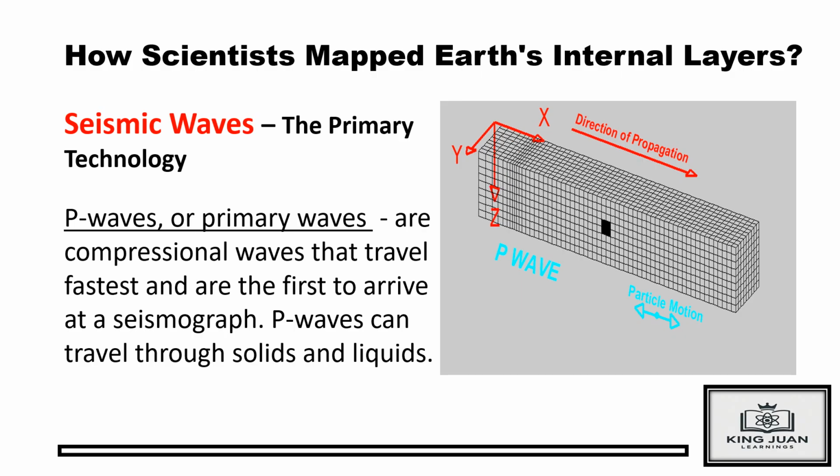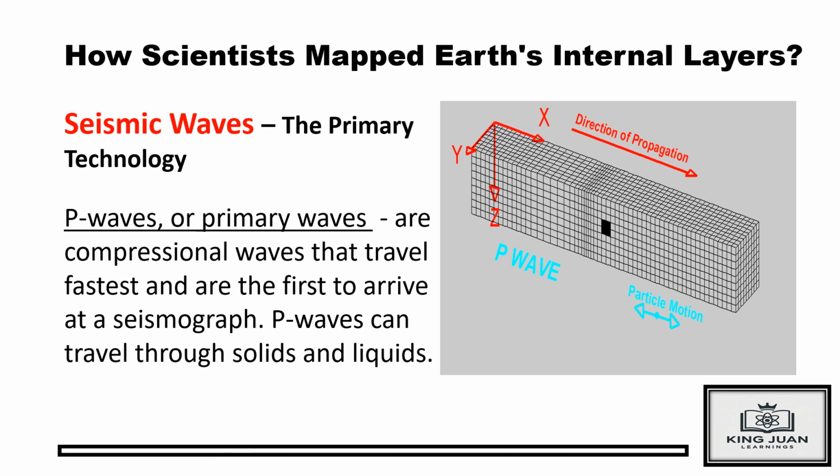There are two main types of seismic waves. First, the P waves or primary waves. These are compressional waves that travel fastest and are the first to arrive at a seismograph. P waves can travel through solids and liquids.